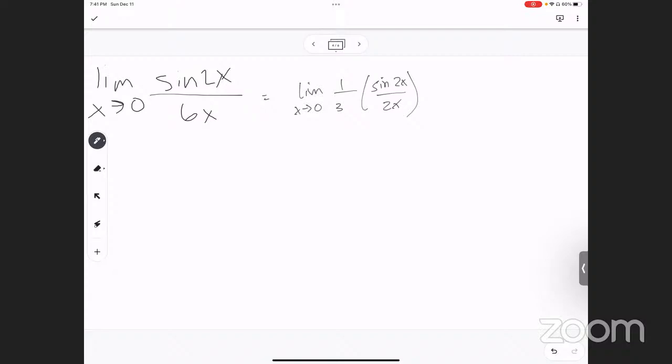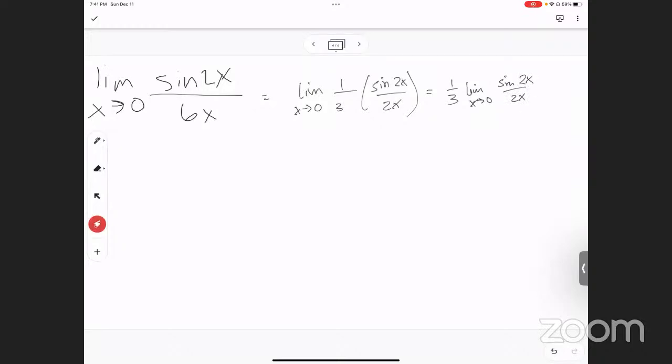Do you see how I did that? Yeah. Now that 1/3 can come all the way out in front. The limit as x goes to 0 of the sine of, we'll just call it u over u. Well, I should say 2x over 2x.